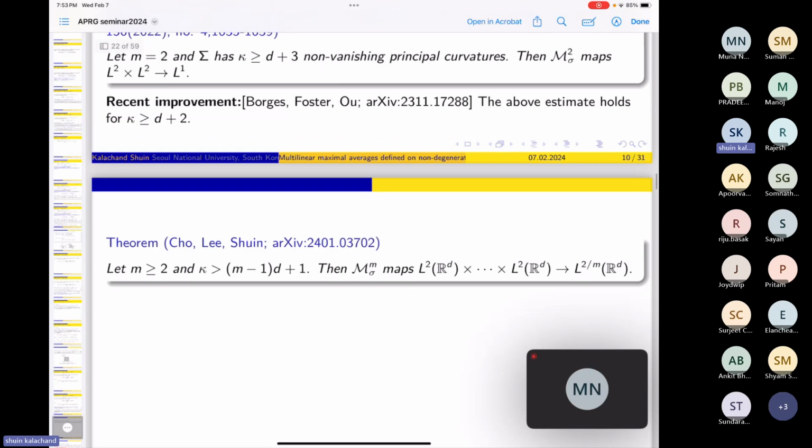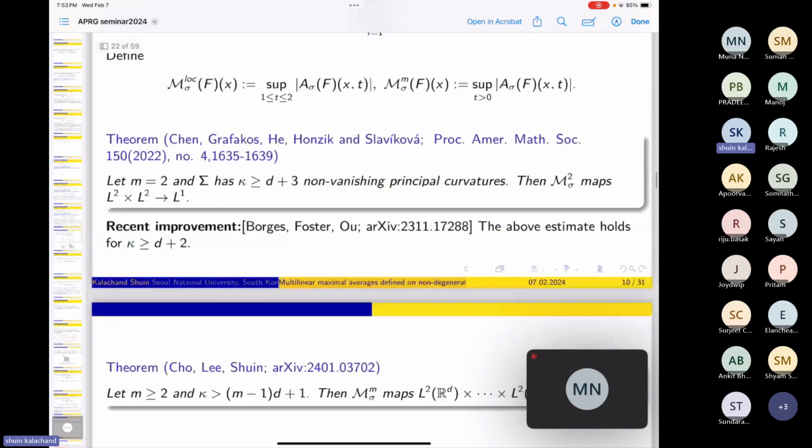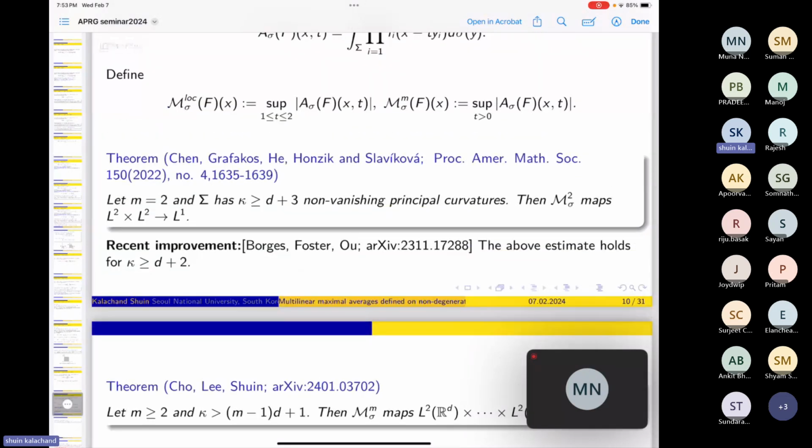Now, in the case of the spherical maximal function, for example the bilinear and multilinear spherical maximal functions, the same technique works. The slicing argument works for the bilinear spherical and also the multilinear spherical maximal function.